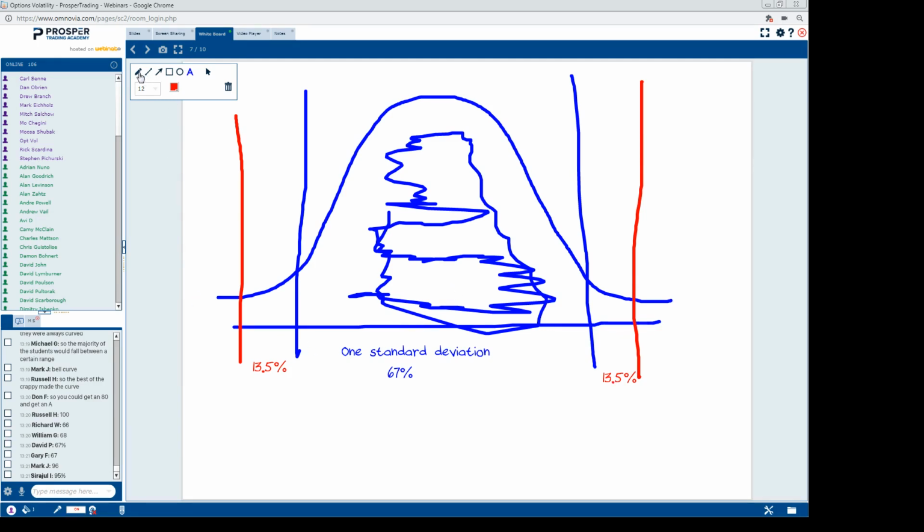So this whole area then, like Sirajul just said, would be 2 standard deviations. Which is approximately 95%. I think it's really 96%, but we're going to call it 95%.